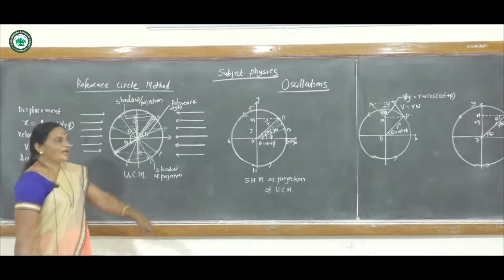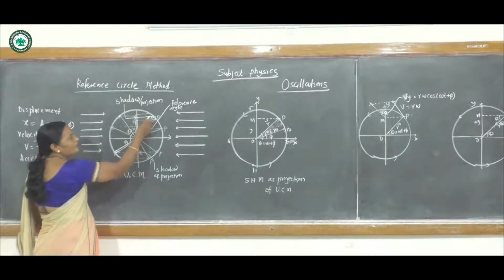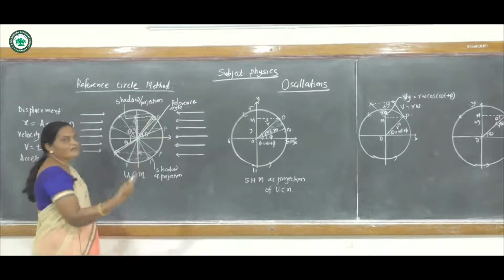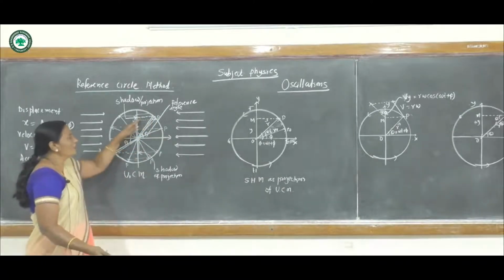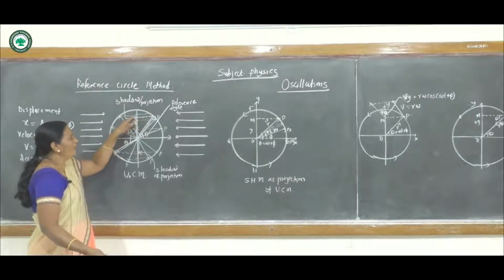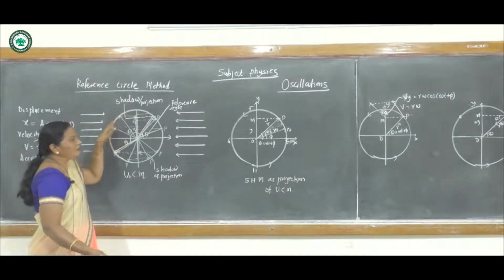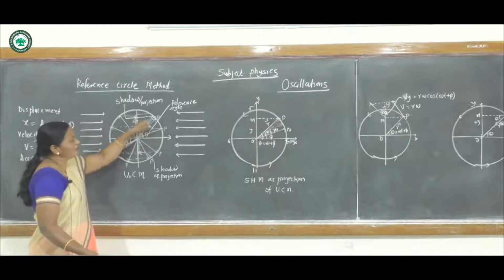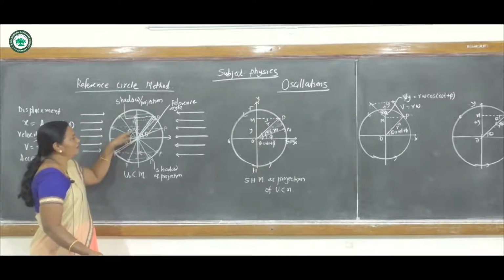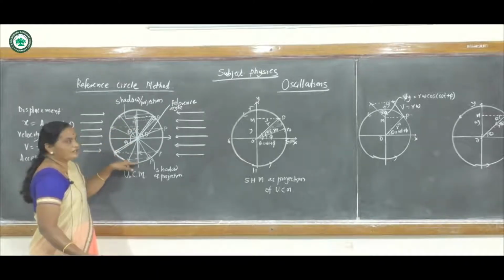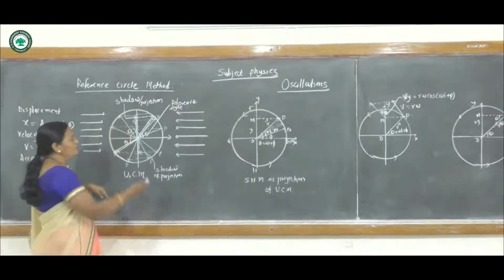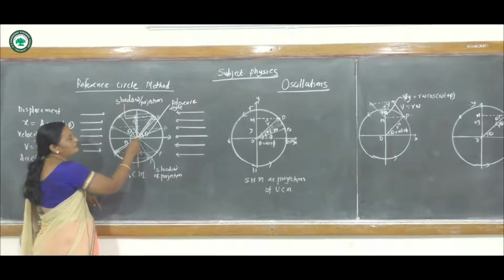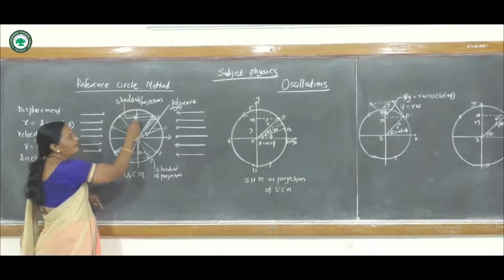At the same time, if we consider the projection of the particle, that is, the perpendicular drawn on the diameter, we see that as the particle revolves along the circumference of the circle, the particle M performs motion along this diameter, to and fro. Suppose particle M is initially here, then here, then here.